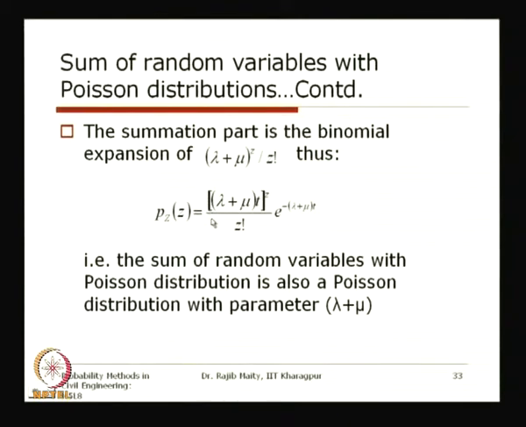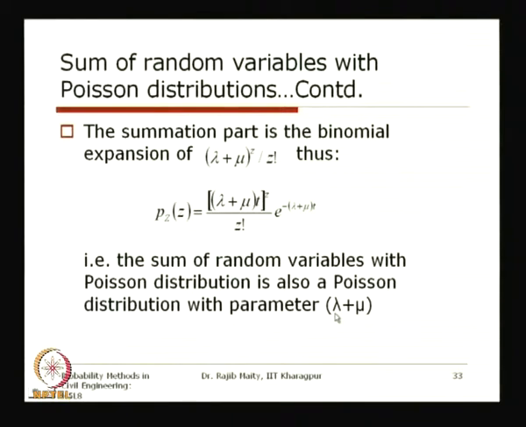Now, if you see this, it takes the similar form of the Poisson distribution, and of course the parameter has changed. The parameter here is lambda plus mu. So, the sum of random variables with Poisson distributions is also a Poisson distribution with parameter lambda plus mu. Similarly we can extend this.